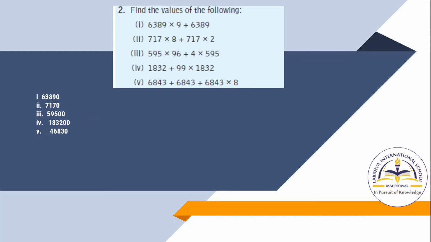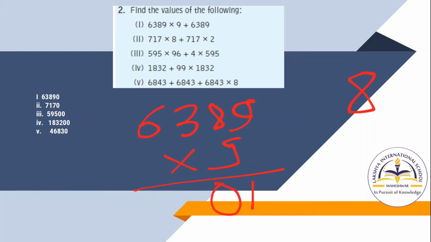Our first question is 6389 multiplied by 9. 9 9s are 81, 8 carry. 9 9s are 72, 72 plus 8 is 80. Now 9 3s are 27, 27 plus 8 is 35.